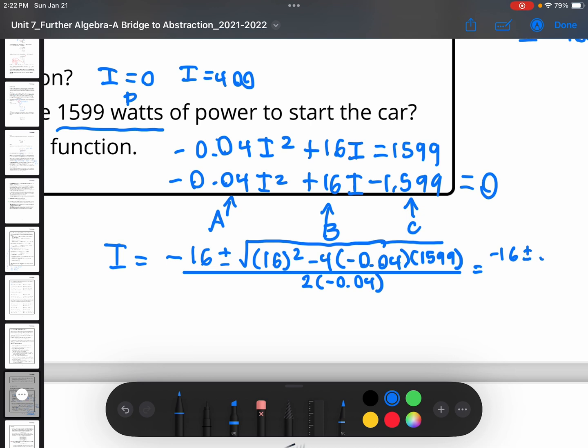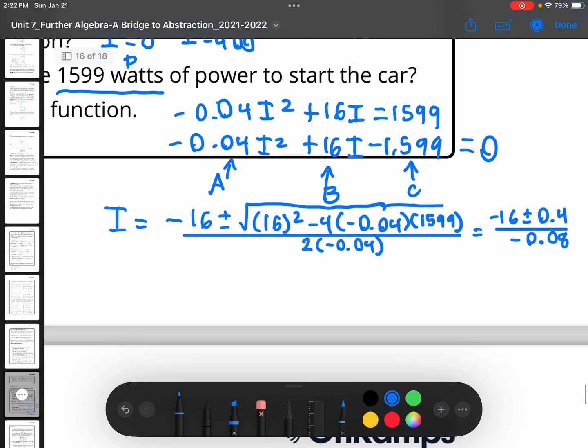You get plus or minus 0.4, that's actually what happens when you take the square root of all that stuff, divided by 0.08. And one answer that you're going to get is 205 amps.